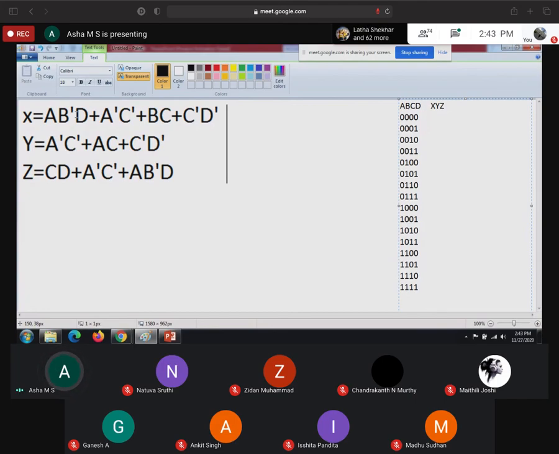The variable C is not there, meaning when A equals 1, B equals 0, D equals 1, irrespective of the value of C, X will be 1. Where can you find A equal to 1? In the last 8 combinations, then B equal to 0 in the first 4 of those, and D equal to 1.